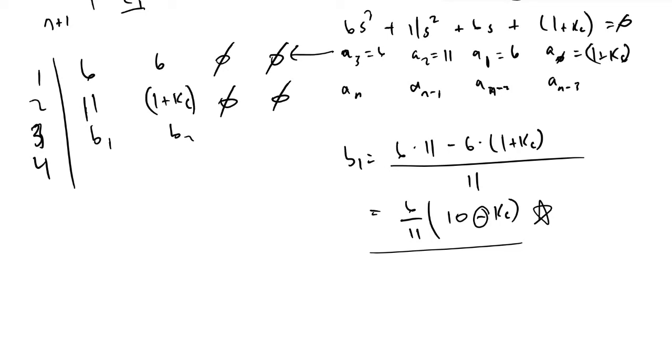And so if we continue to evaluate this, what we'd find is that b2 is equal to 0. And now that we have derived that, you can plug in the values that we just determined. So we would have 6/11 times 10 minus kc for B1 and 0 for B2. And then finally, an interesting characteristic with the Routh array is that the first element in column 1 of the n+1 row will be A naught.